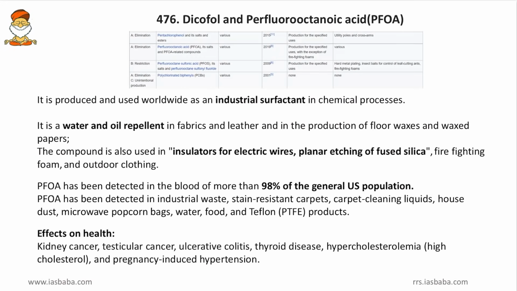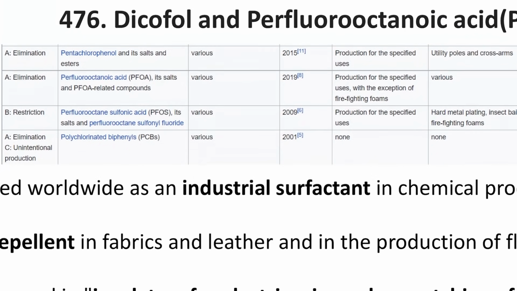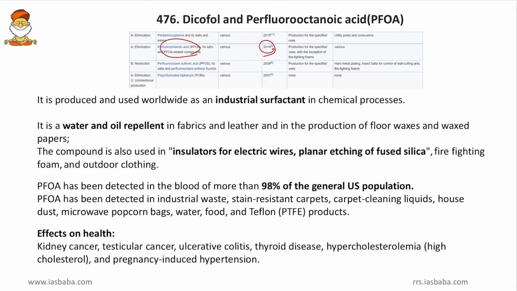Coming to next, Perfluorooctanoic Acid. Friends, even this was the latest addition to the Stockholm Convention, and here in the figure we can see how perfluorooctanoic acid was added in 2019. Now it is produced and used worldwide as an industrial surfactant in chemical processes. Friends, what is the meaning of this industrial surfactant?